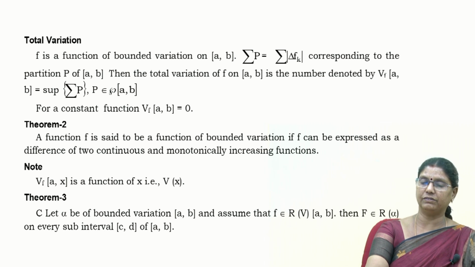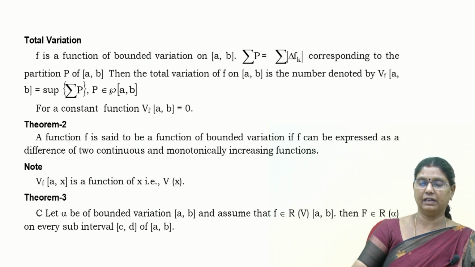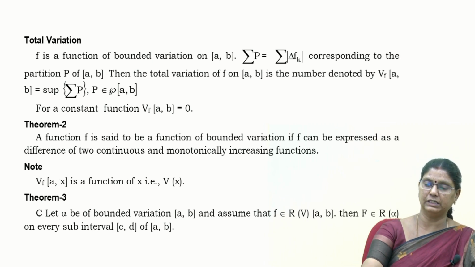For a constant function, the total variation on [a, b] is 0. A function f is said to be of bounded variation if f can be expressed as the difference of two continuous and monotonically increasing functions, which we have already proved, and based on this we can prove the same.